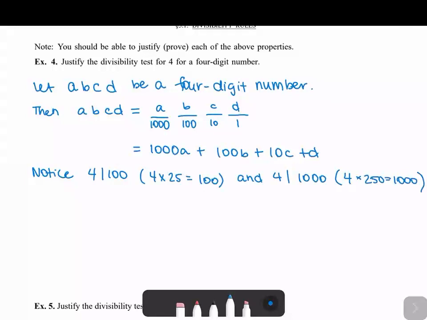Okay, so we notice that 4 divides 100 and 1,000. So we want to use a property here. So we want to say then 4 divides 1,000A and 4 divides 100B.